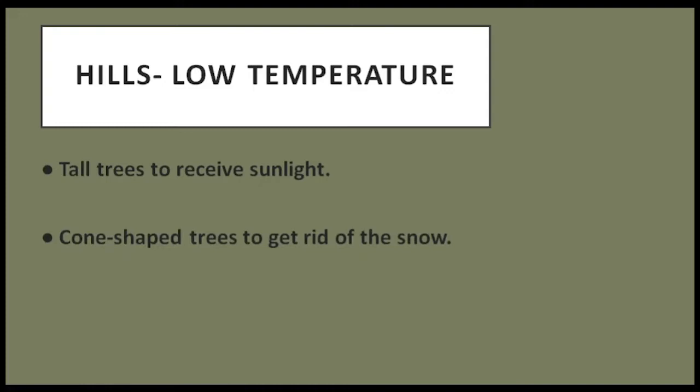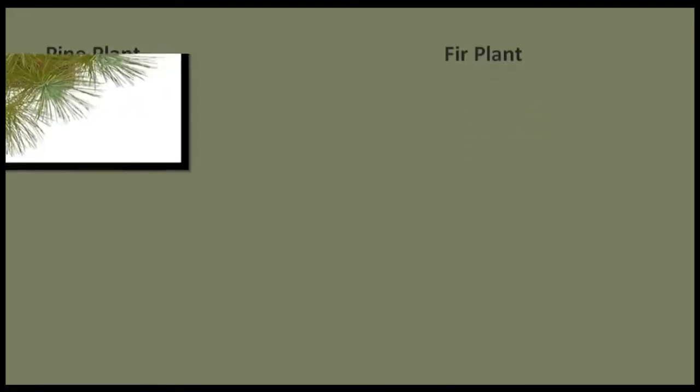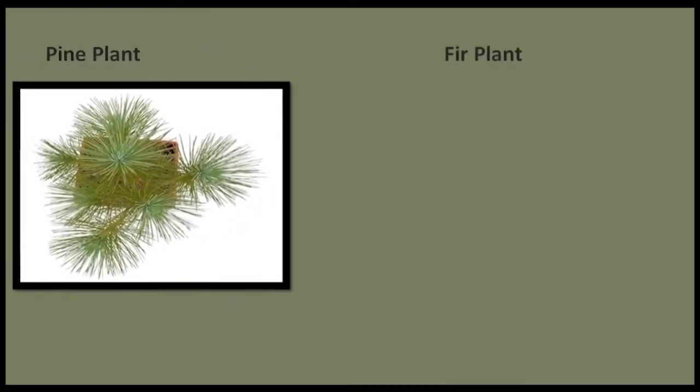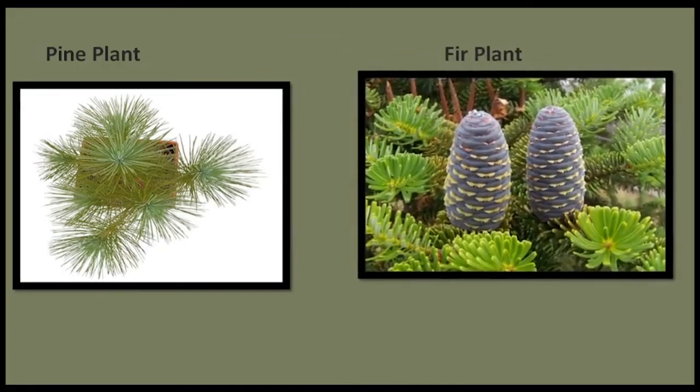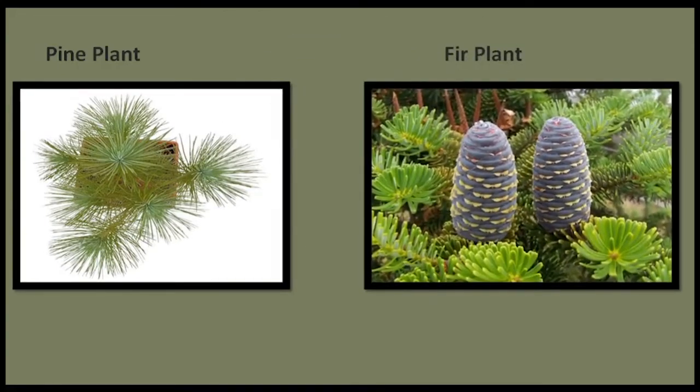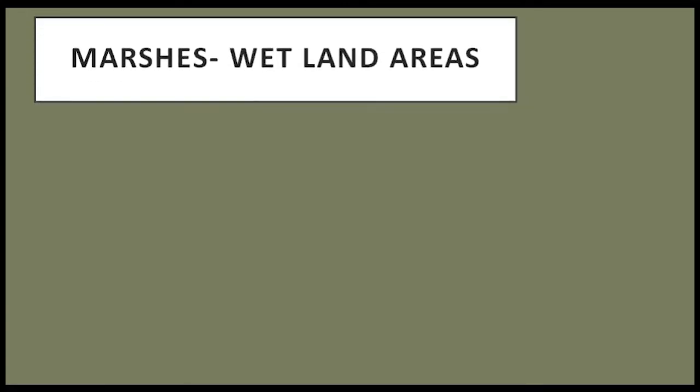The second point is cone-shaped trees to get rid of the snow. Now, the pine plant, the picture you can see on your screen, and the fir plant. As you can see in the picture, the leaves are pointed. So if the snow falls on them, it just rolls down the leaves.